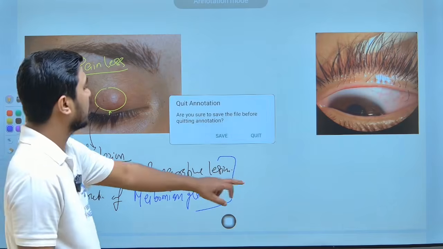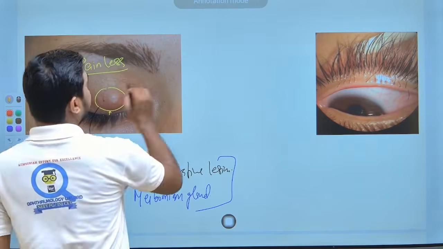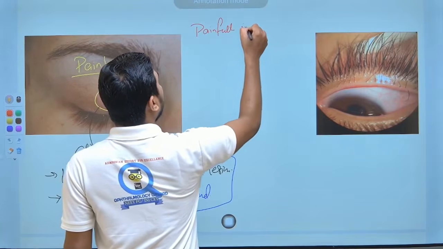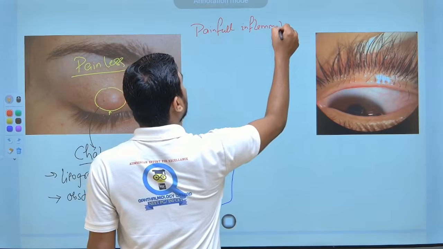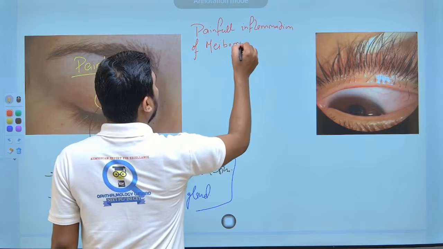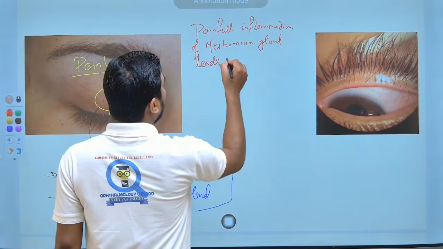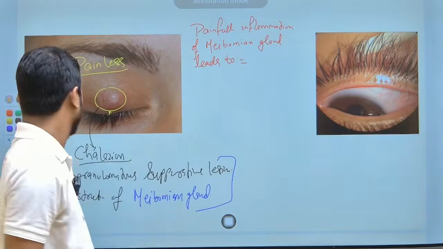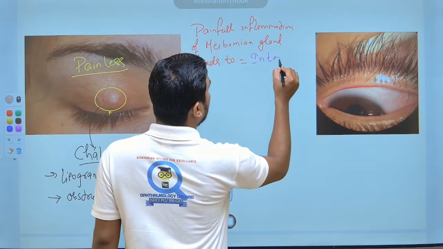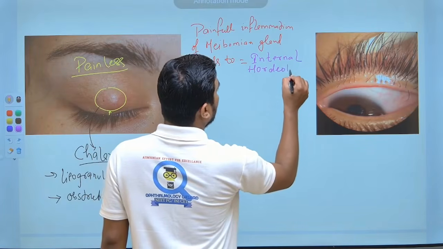If I say painful inflammation of meibomian gland leads to, what will happen? Answer: internal hordeolum.